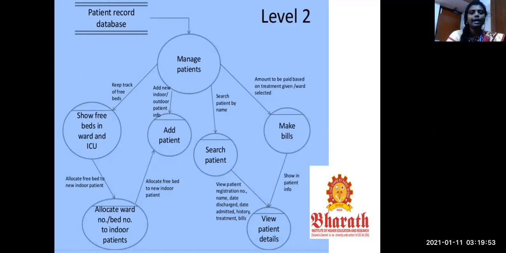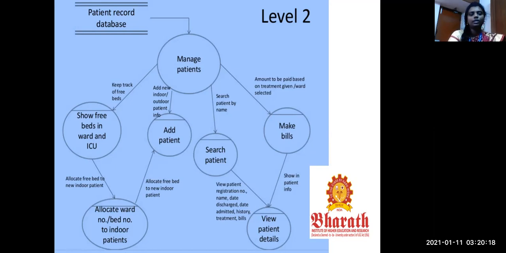So here: add patient, search patient, make bills, show free beds in the wards and ICU. This is for both inpatients and outpatients, mostly for the inpatients. So first, if the patient is going to be admitted to a hospital, they'll be tracking the free beds, whether the free beds are available or not.